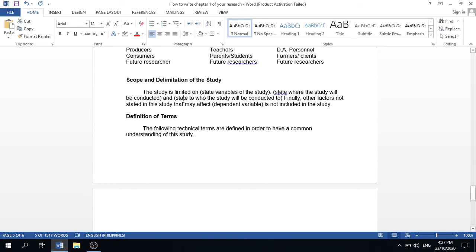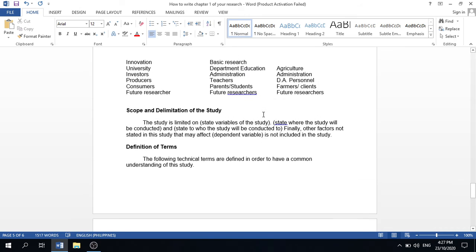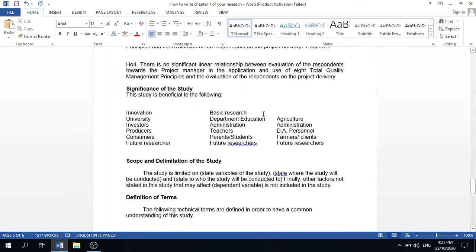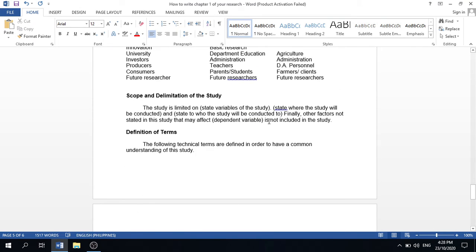Then state who the respondents of the study are, for example the personnel or the students. Finally, state that other factors not stated in the study may affect the dependent variable, then state your dependent variable again, and that it is not included in the study.